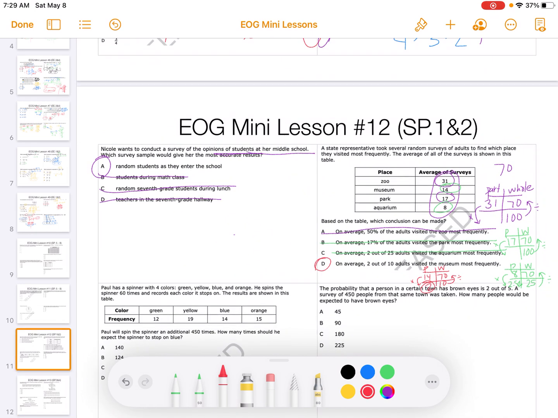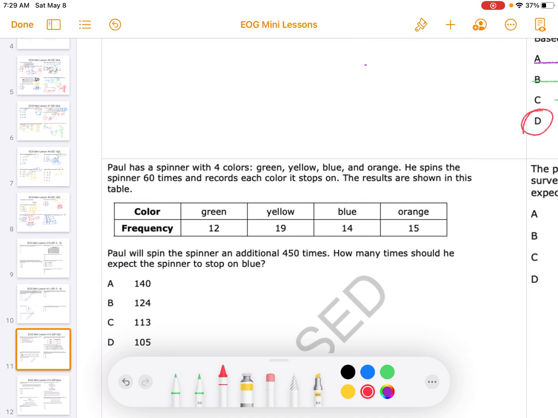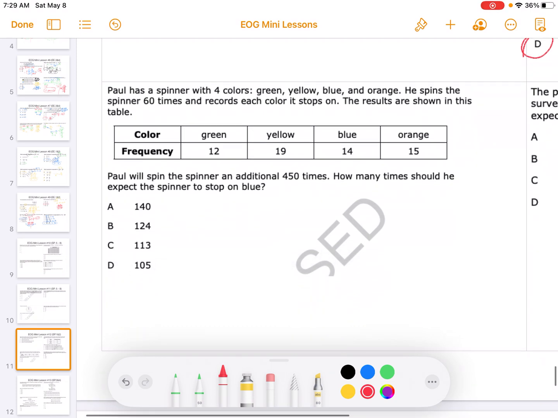So I'm expecting to see all these tables. The next one says, Paul has a spinner with 4 colors, green, yellow, blue, and orange. He spins the spinner 60 times and records the color it stops on. Paul will spin the spinner an additional 450 times. How many times should he expect the spinner to land on blue? Well, I have blue out of total.